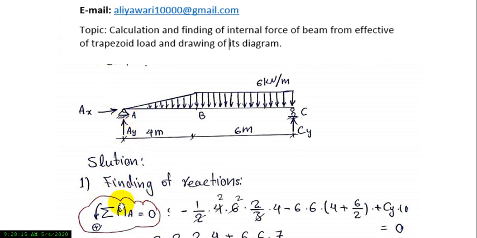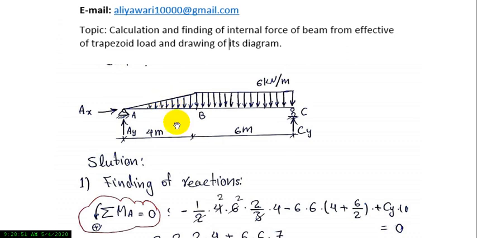I write summation of MA equal to 0, but the direction is optional; you can choose clockwise or counterclockwise. I accept counterclockwise as positive. Here Ay and Ax cross the point A, so they don't have an arm, and their moment is 0.